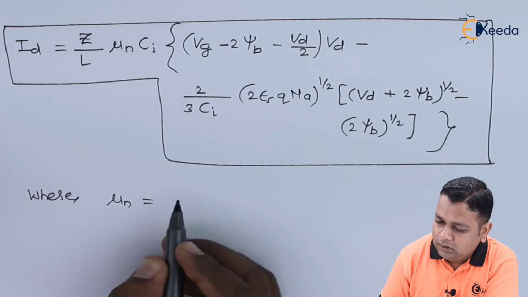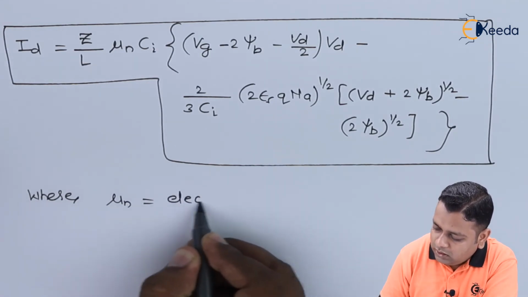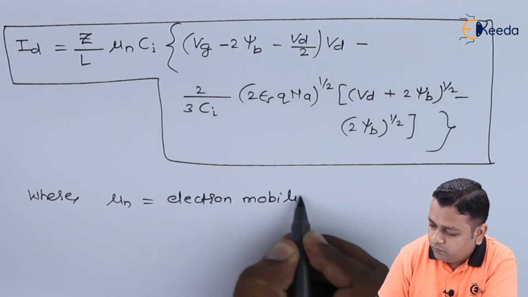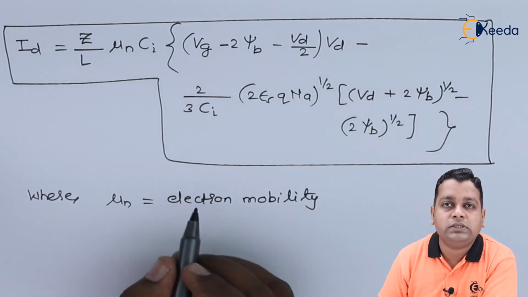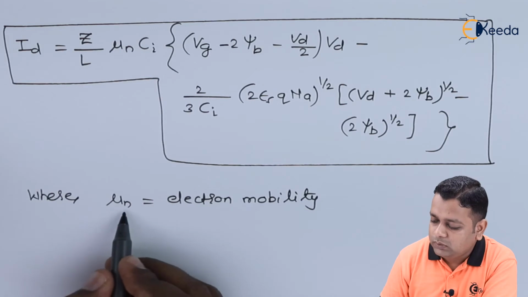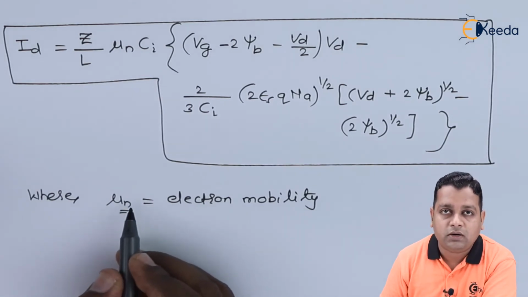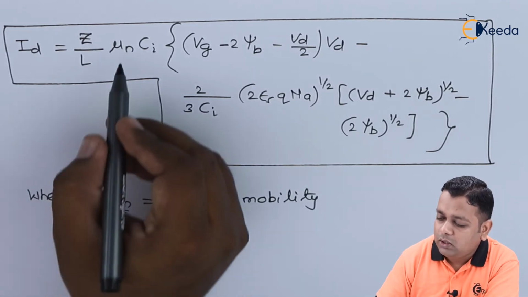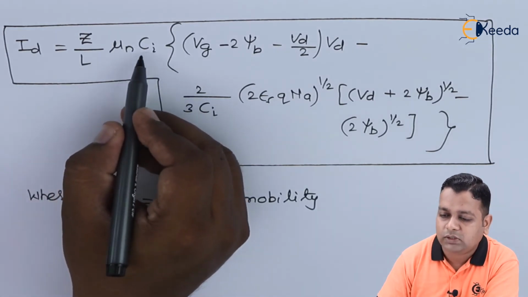Mu suffix n is nothing but the electron mobility. As the electron is the majority charge carrier in n-type semiconductor materials, we have given the suffix n to it. Along with mu suffix n, we have C suffix I.